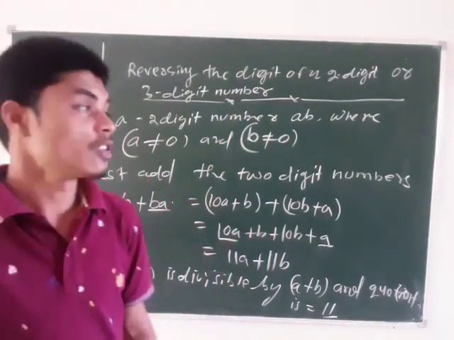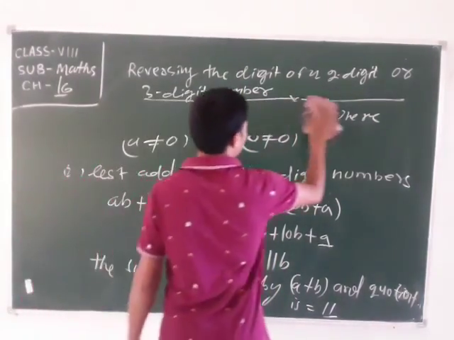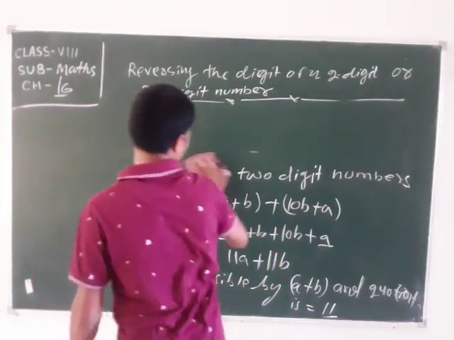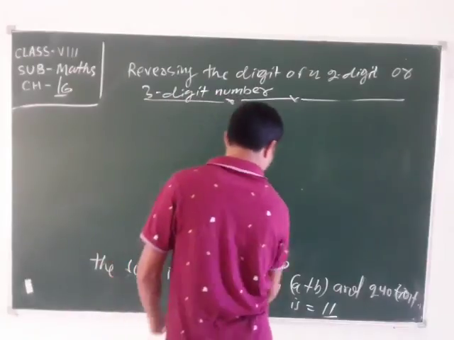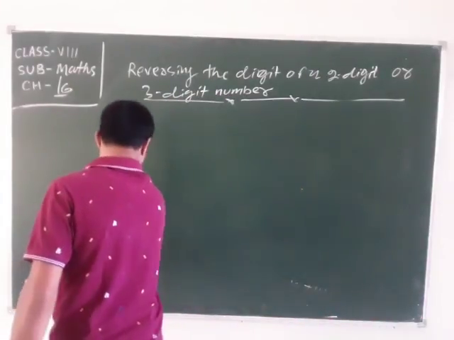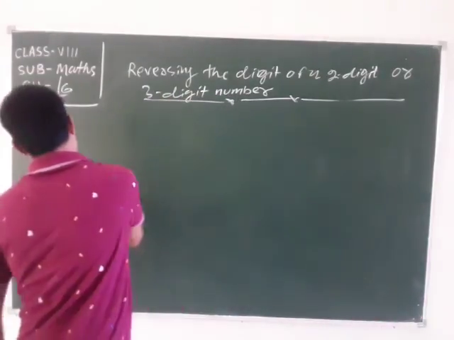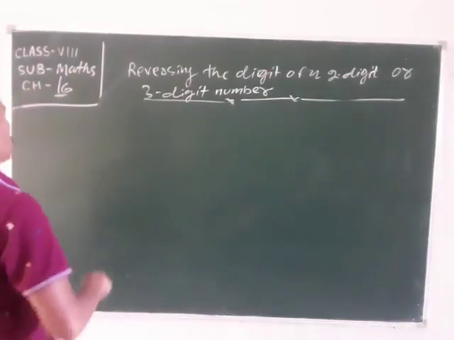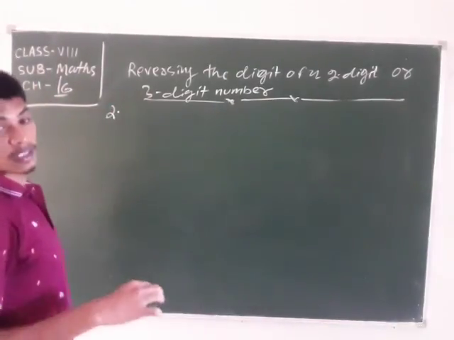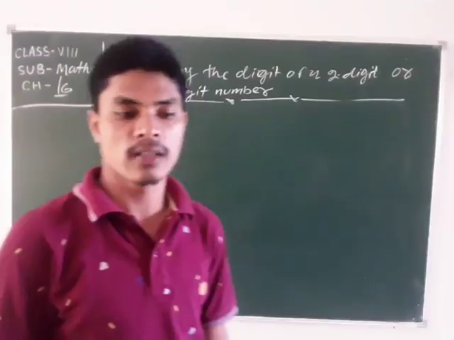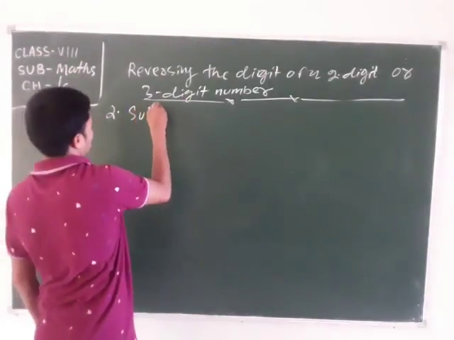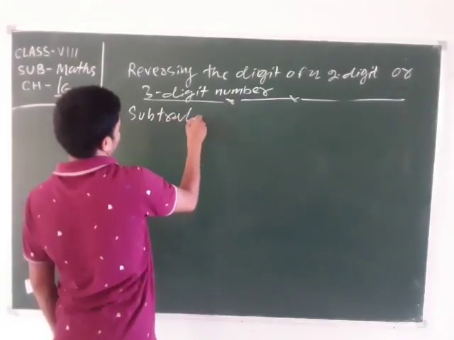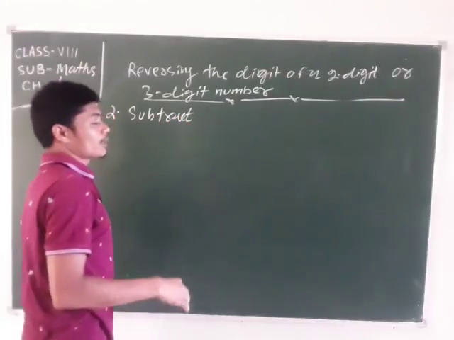Now we learn about the subtraction. Second one is subtraction. Here we subtract the smaller number from the greater number. What do we learn here?